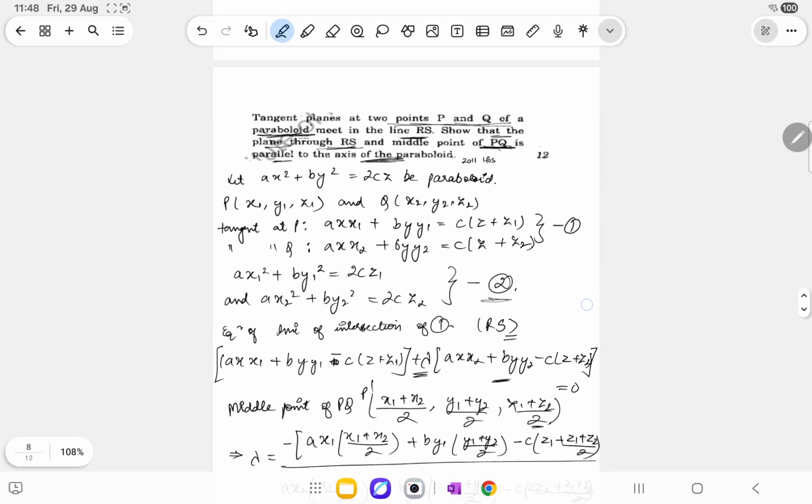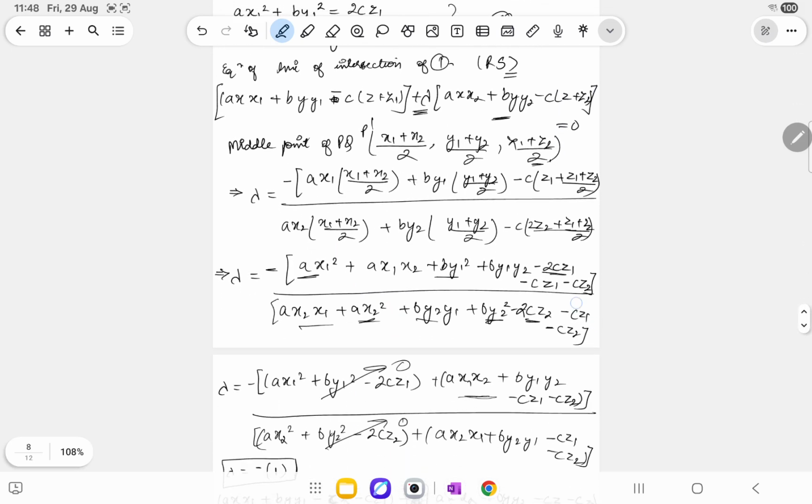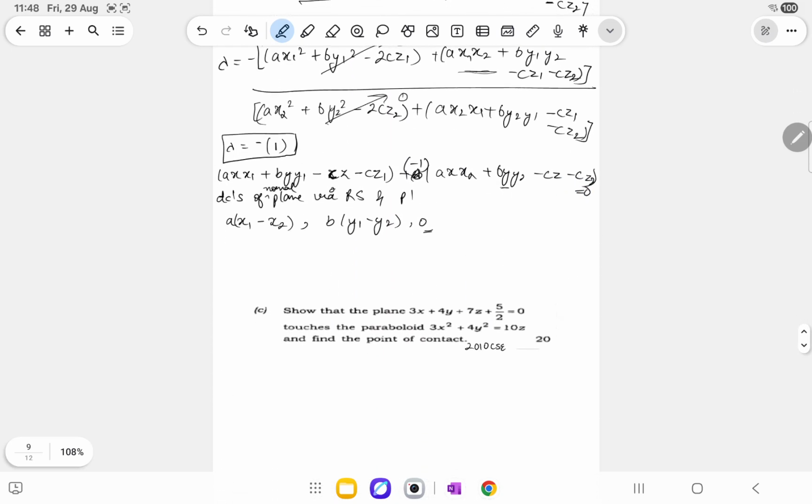So we are supposed to prove that this plane is basically parallel to the axis of the paraboloid. The paraboloid we have assumed has the z-axis as its axis. So direction cosines of the axis of the paraboloid are basically 0, 0, 1.